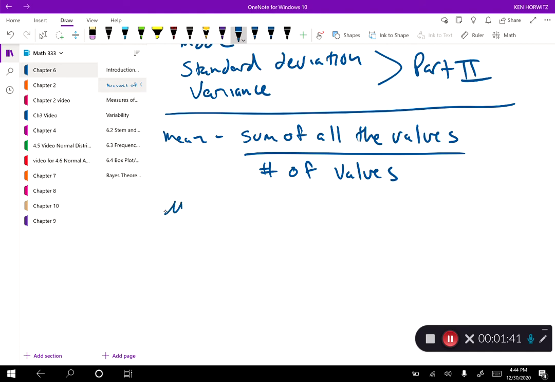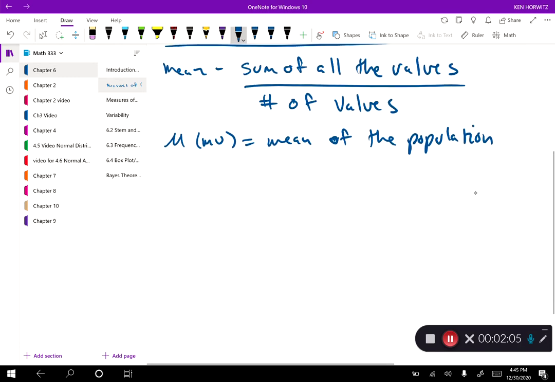First of all, this is called mu, Greek letter mu. And mu is the mean of the population. So anytime we're talking about the mean of a population, we will utilize mu to represent that. If we're talking about the mean of a sample, it's going to be x bar.